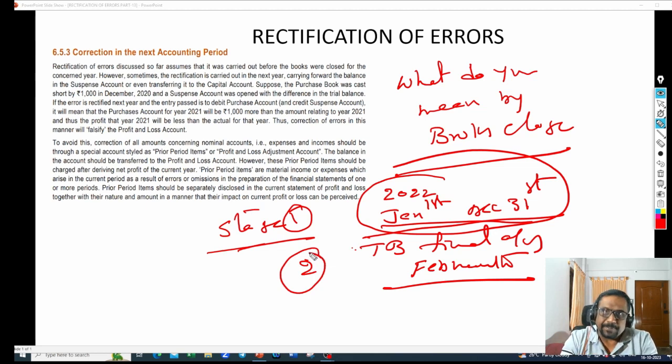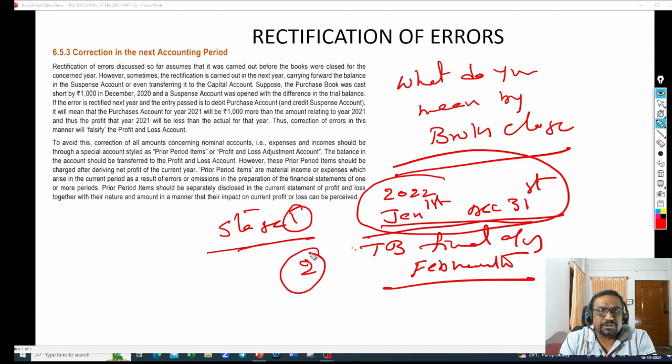Trial balance is prepared, but final accounts are not prepared. Then you identified the error in between. What do you mean by in between? After preparing the trial balance and before preparing the final accounts, you identified the error. Then no problem because you have not completed your final accounts. So your books are still open. You can still go ahead and post the entries in your year.